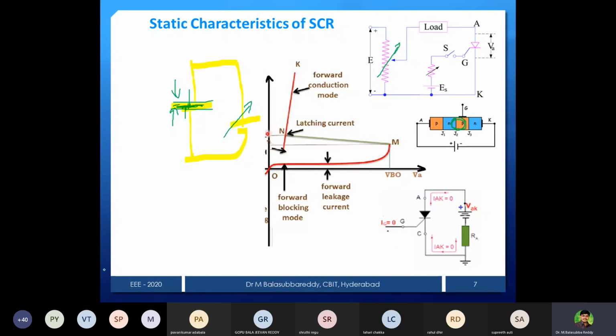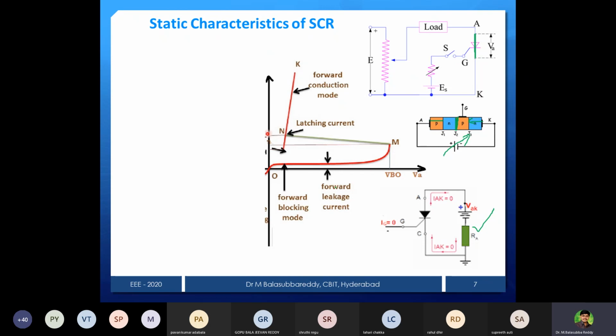Once the depletion layer breaks down, junction J2 breaks down, and J1 and J3 are already conducting because they are forward biased. Once you apply this anode to cathode voltage, the device is going to be on. A sharply high current passes through the device. To limit that, we use one resistance in series to protect against high currents.